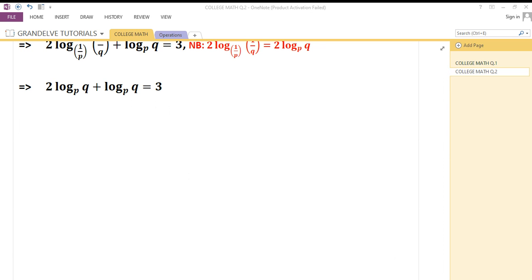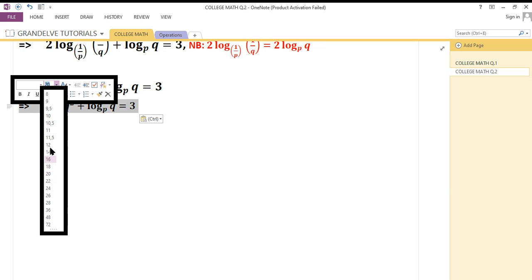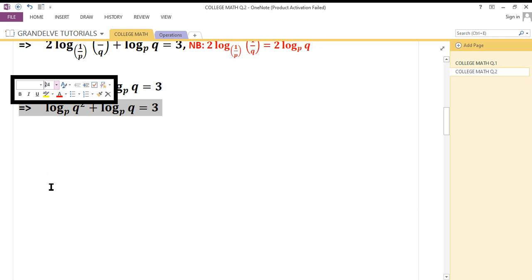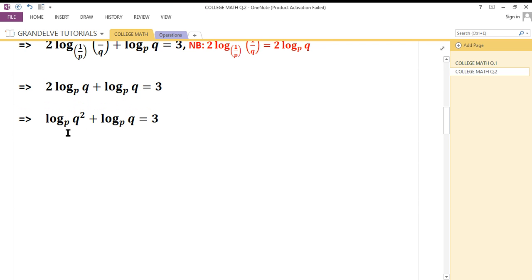Okay, with that said, you accept that you have this as our next expression. Let's increase the text a little. So we have log q squared base p plus log q base p equals 3.